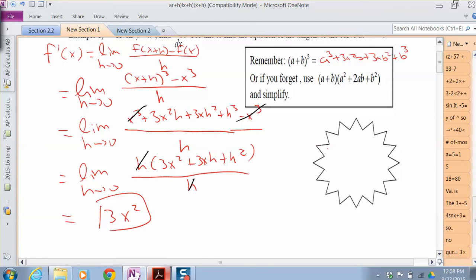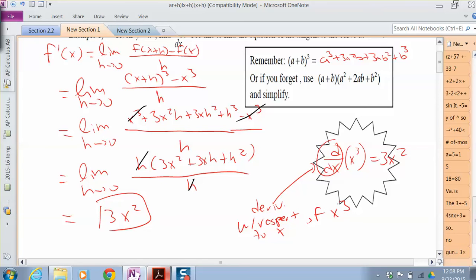So what this implies is that the derivative with respect to x of x cubed equals 3x squared. Now remember, we say this is the derivative with respect to x of x cubed.